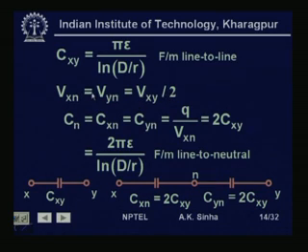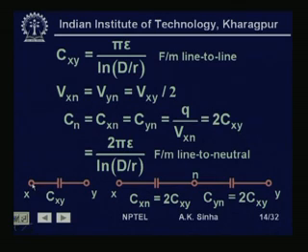Therefore, we can find the capacitance to the neutral or capacitance to ground as Cn, which will be equal to Cxn, and again equal to Cyn. That is, the capacitance to ground for conductor X will be the same as the capacitance to ground for conductor Y, and this will be equal to q by Vxn, which is equal to 2 times Cxy.